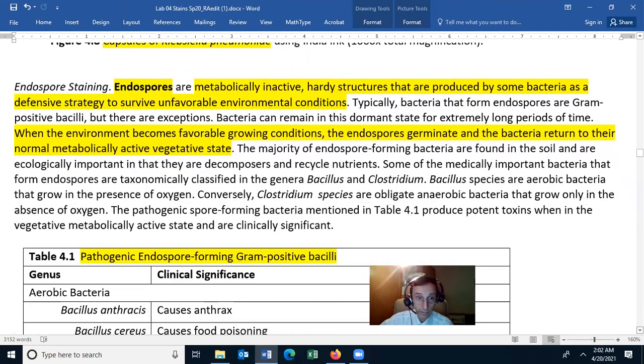Another special stain is the endospore stain. Endospores are metabolically inactive cells, and they're very hardy structures produced by some bacteria.